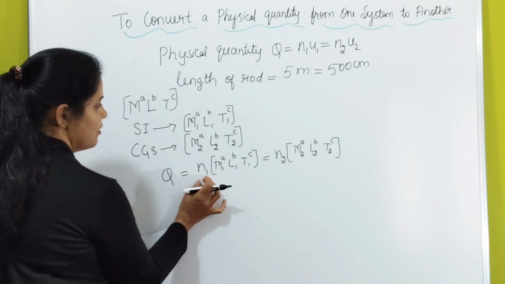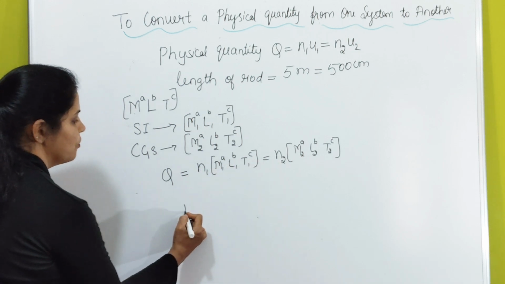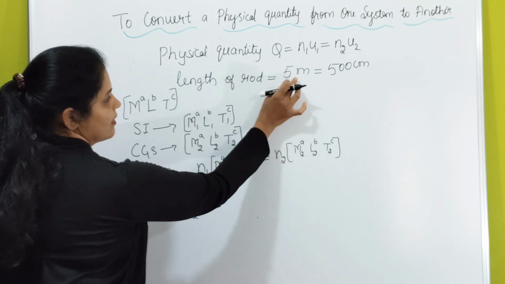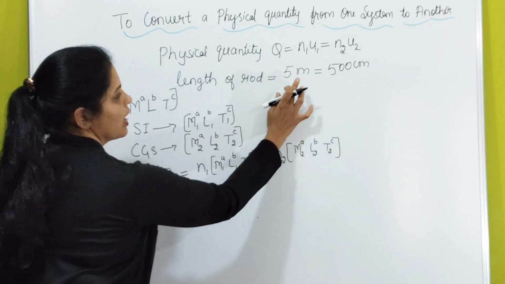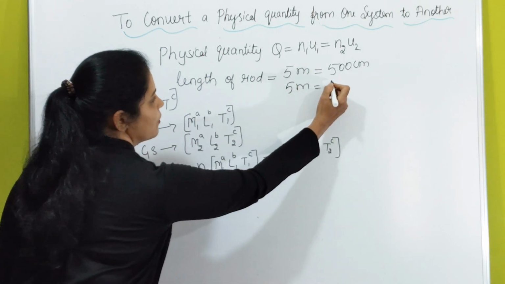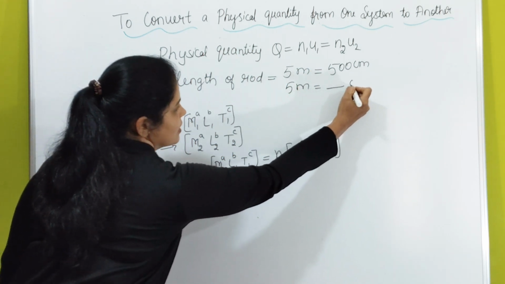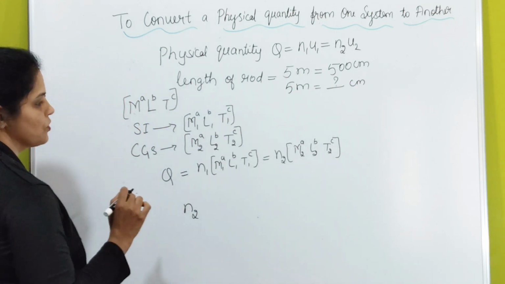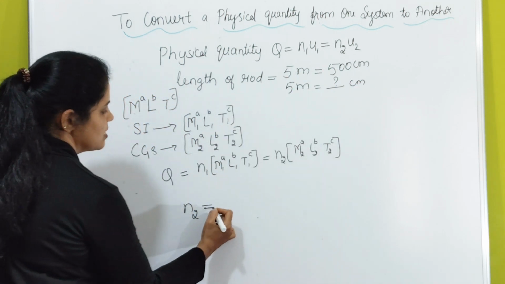Now if one is unknown for us, for example if N2 is unknown, N1 is given. See, we know that length of rod is 5 meter, we need to convert into centimeter. So here 5 meter is equal to how many centimeter? Dash centimeter. Here this is unknown for us. We need to find out this. How to calculate? For that, let us use this formula.